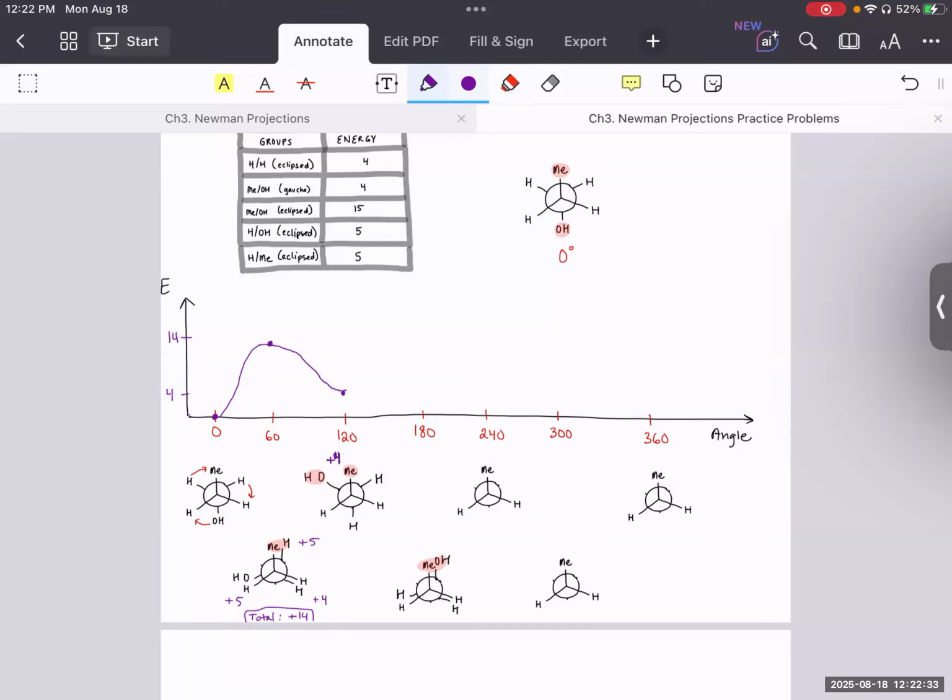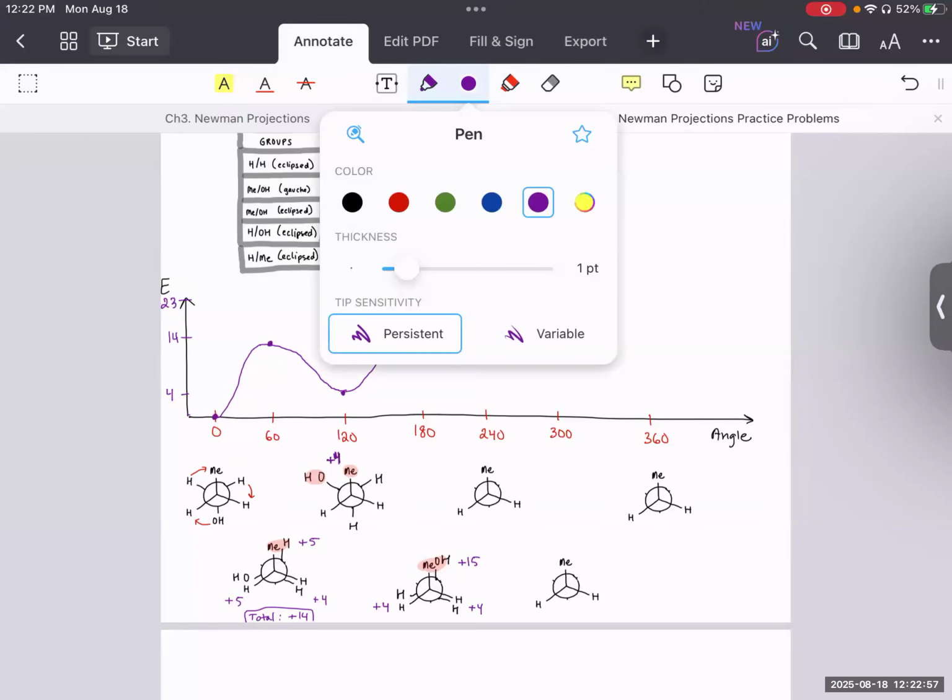So now we have a +15 from that, and then a +4 from each of the two hydrogen interactions. So we have a total of +23. And so we can draw this energy right here. We can predict that this is going to be the highest energy conformer because we have the two biggest groups overlapping with each other in the eclipsed state.